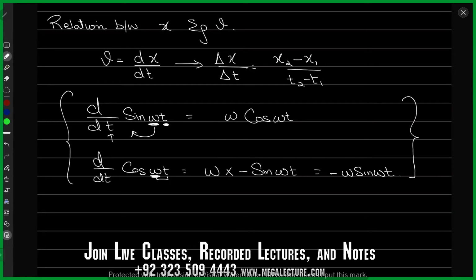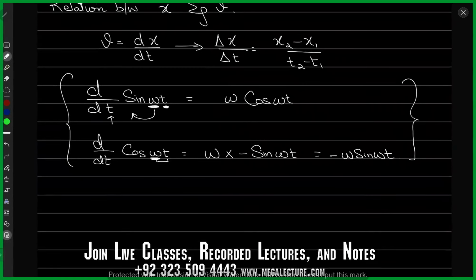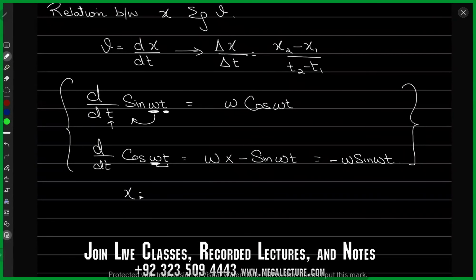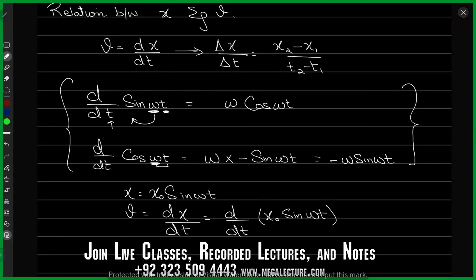If you know this thing, then now remember quickly that x was x naught sine omega t. Then to find velocity, I just have to differentiate this with time, meaning this would be d by dt of x naught sine omega t. X naught is just a constant number. So the derivative is with respect to time, and x naught does not depend on time.